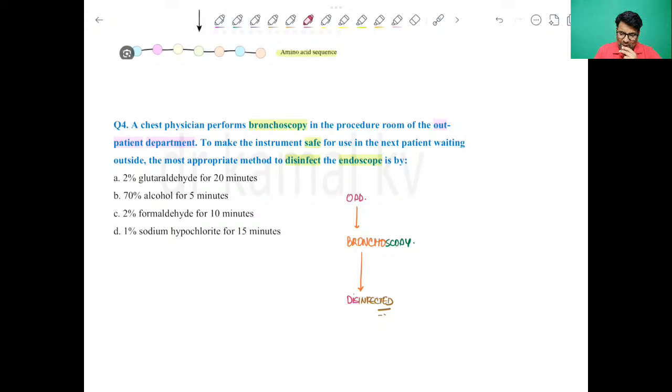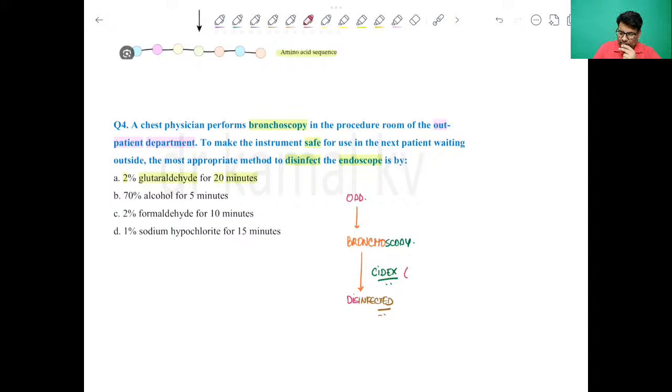Yes, now here the best agent is actually Cidex, which is the common term which we use in clinical practice. So Cidex, this is 2% glutaraldehyde, and here the instrument should be dipped in for at least 20 minutes for proper disinfection, right?